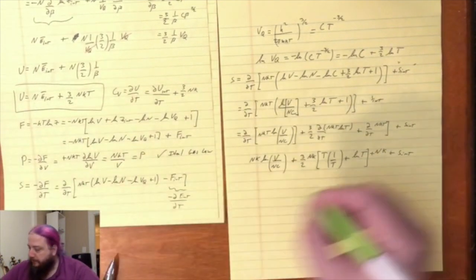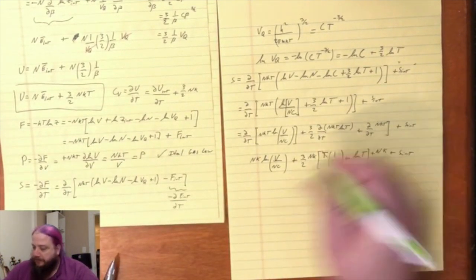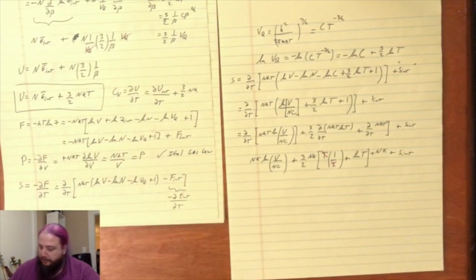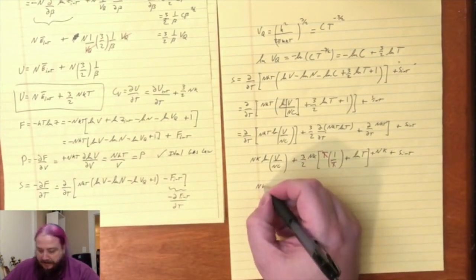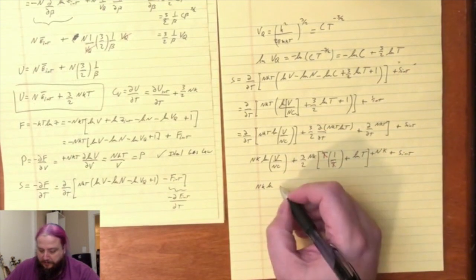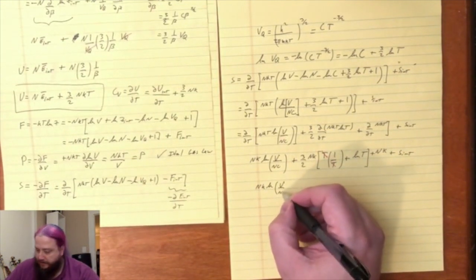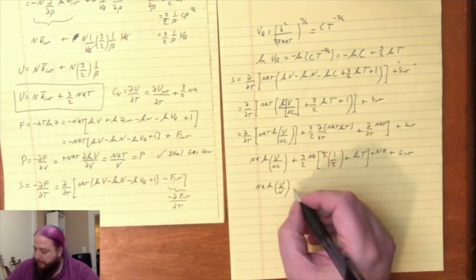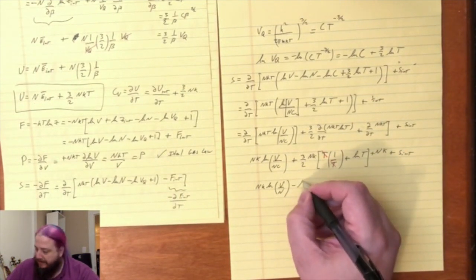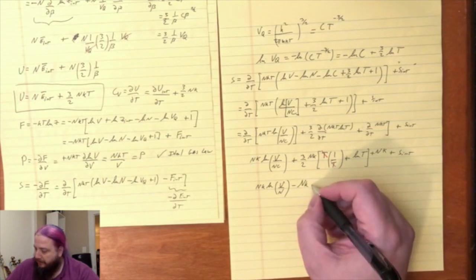The two temperatures here cancel each other out, and so we've got nk logarithm of v over n, minus nk logarithm of c.